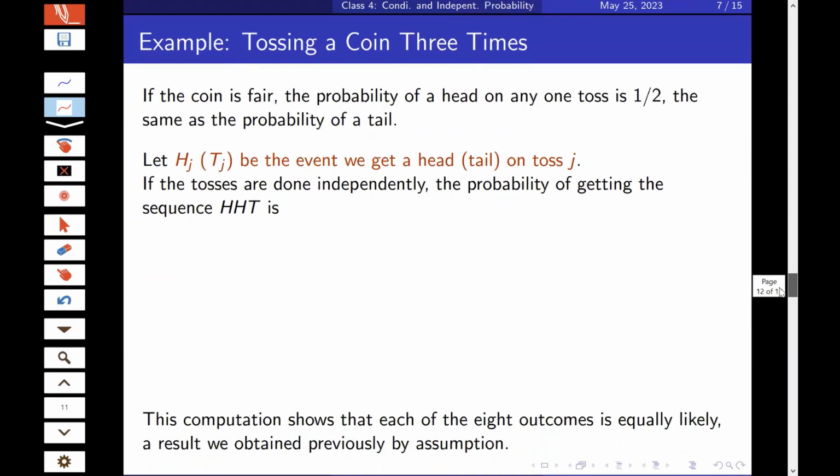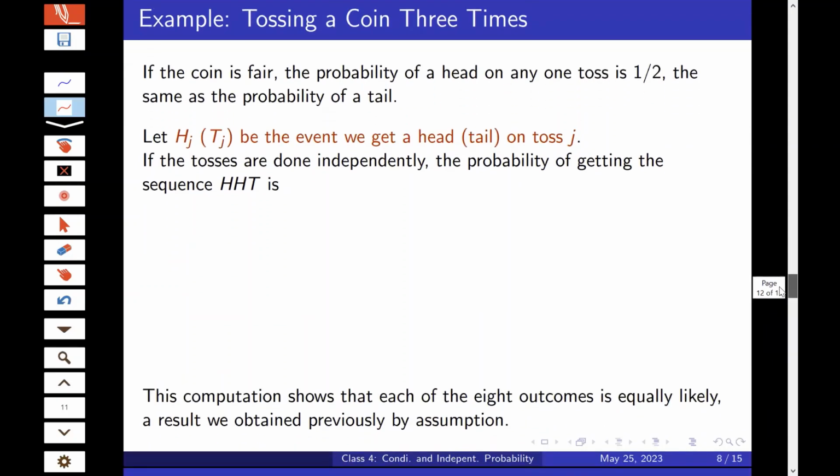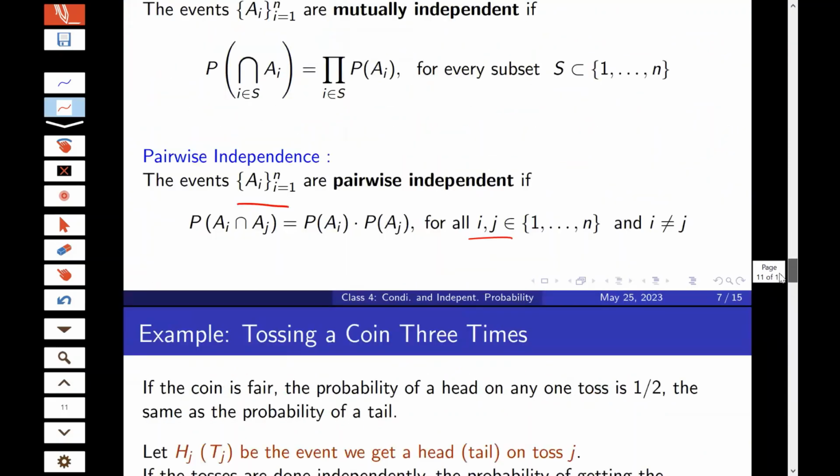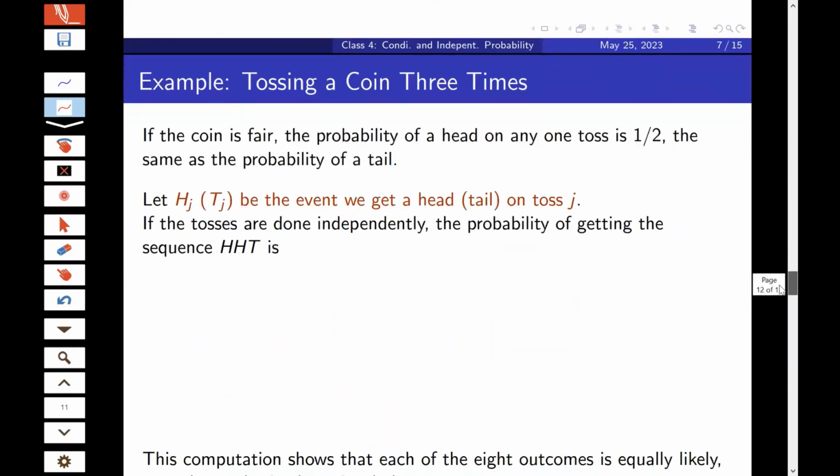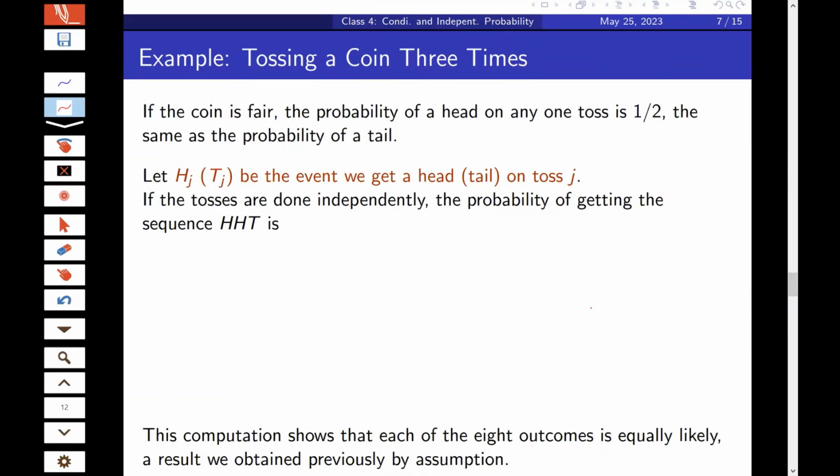Before doing the example related to pairwise and mutual independence, we will do one more example to see the importance of the idea of independence. If the coin is fair, the probability of getting a head on any toss is 1/2. So getting a head is 1/2, and getting a tail is also 1/2, even if you toss it several times.